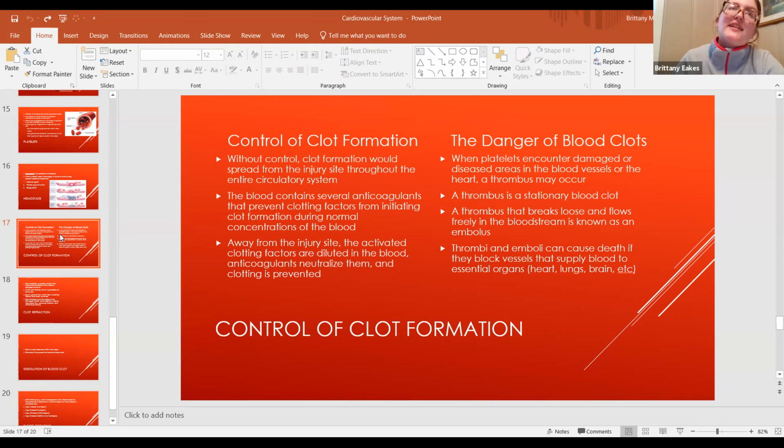And it can actually block a smaller arteriole, it could block a capillary and cause death, especially if it blocks a vessel that supplies blood to the heart, lungs, or brain. So that's the danger of blood clots, is that it could actually turn into an emboli, which is a free-flowing thing in our blood system that can stop the flow of blood to major organs.